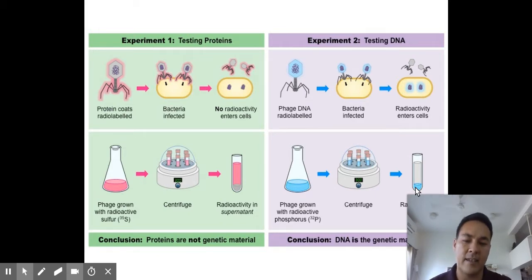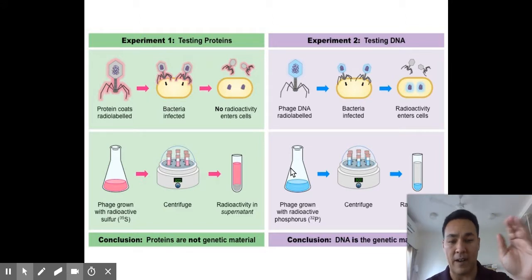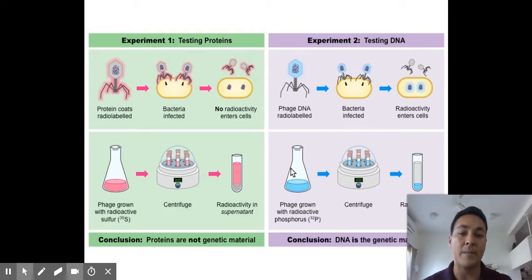You can see that the transforming factor between these viruses and the bacteria had to be DNA. And the beauty of it is that they radioactively labeled this phosphorus and they could see it in action. We do this today. We'll put radioactive tracers in patients and see if it's concentrated in one area, if it's undergoing high metabolism, and that might mean a tumor or cancer.